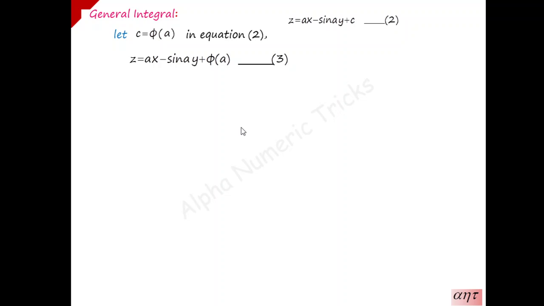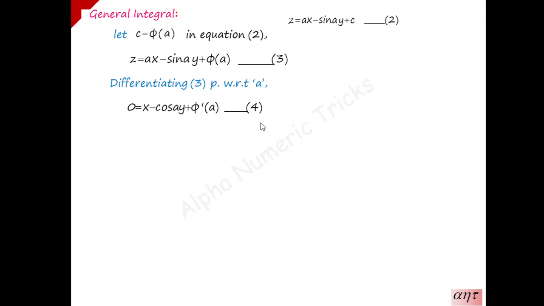Now differentiate this equation with respect to the arbitrary constant a partially. Then ∂z/∂a = 0 = differentiation of ax with respect to a, which is x, minus y times, since y is constant, the derivative of sin a, which is cos a, plus the differentiation of φ(a) with respect to a, which is φ'(a).